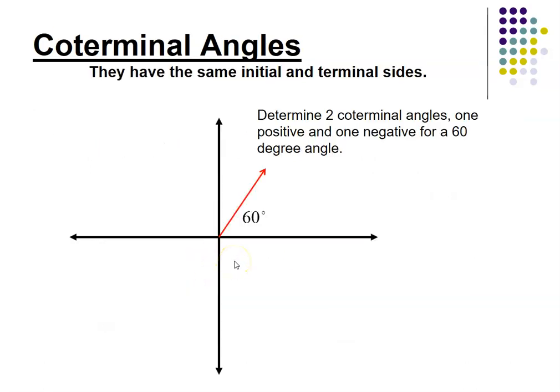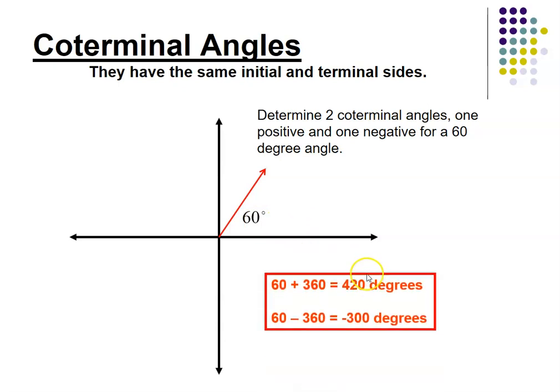So let's try to find the coterminal angles of 60 degrees. To determine that, we are going to add 360 degrees to 60 degrees, which is one rotation. So the coterminal angle now is 420.